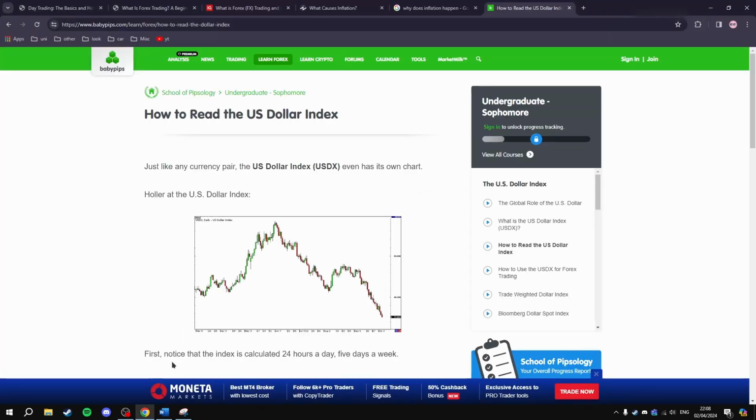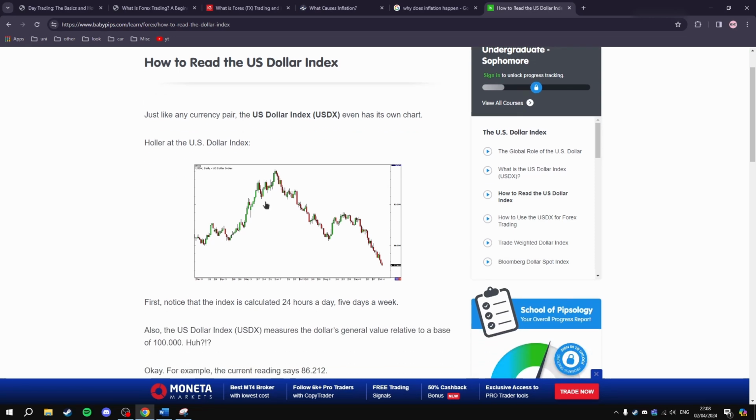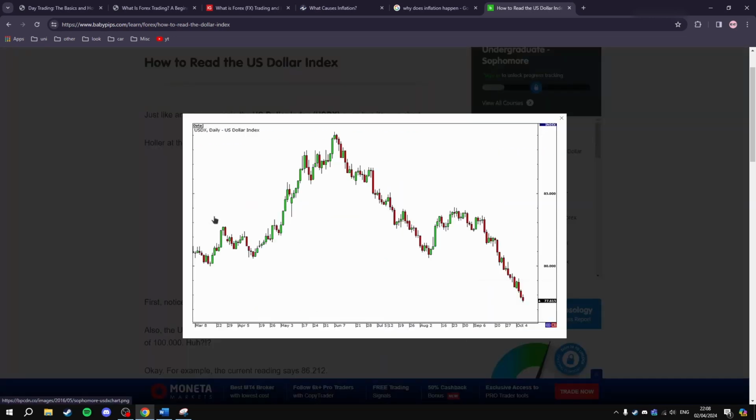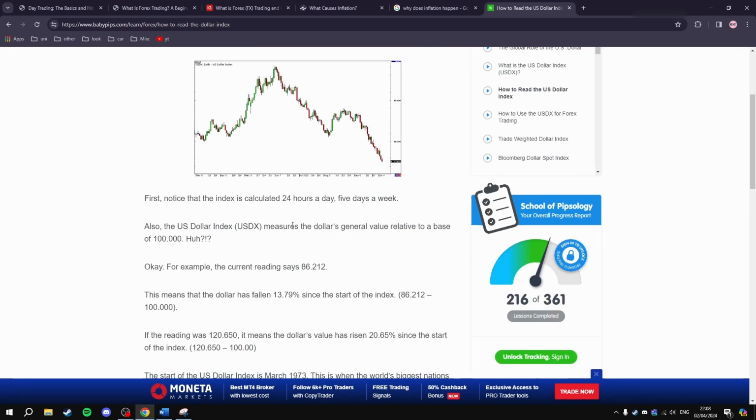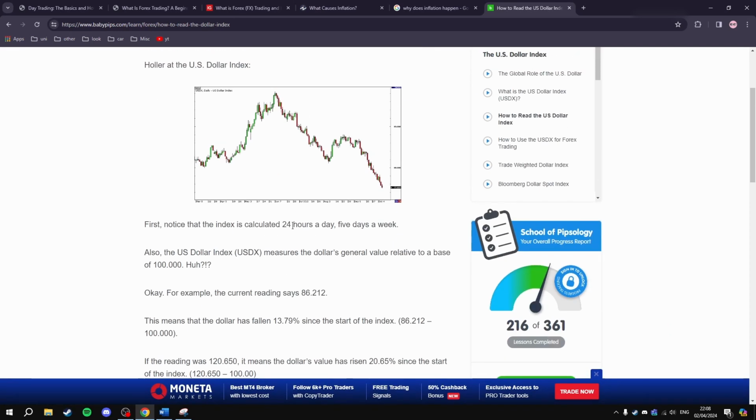Just like any currency pair, the US dollar index even has its own chart. First, notice that the index is calculated 24 hours a day, 5 days a week. Also, the US dollar index measures the dollar's general value relative to a base of 100.